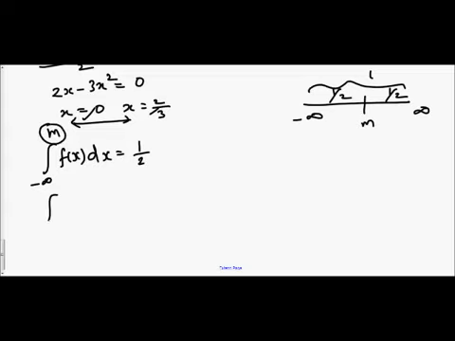So you know what f(x) is. Substitute the values given for f(x), equate the integral to half and find the value of m. It's not going to be very difficult, and in this case the minus infinity has to be substituted with 0 because the function is defined from 0 to 2.